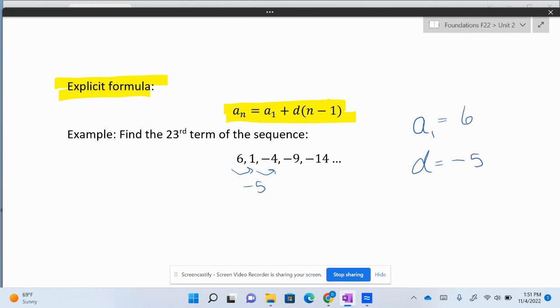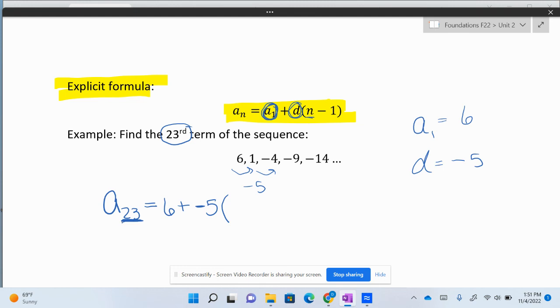Okay. So if I want to find the 23rd term, a sub 23 is, what's the first term again? We just wrote it. 6 plus, what's the common difference? -5 times the quantity. What number are we using for n?